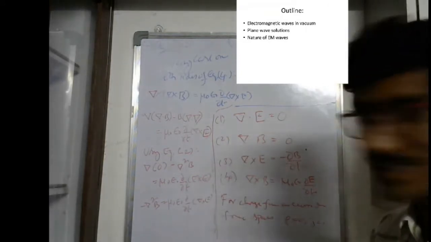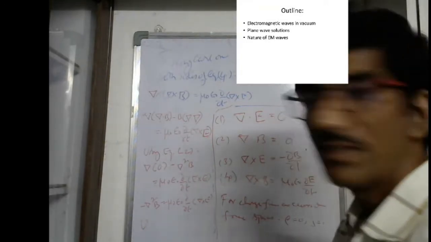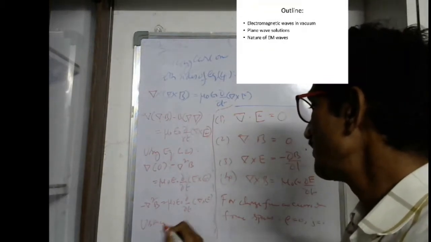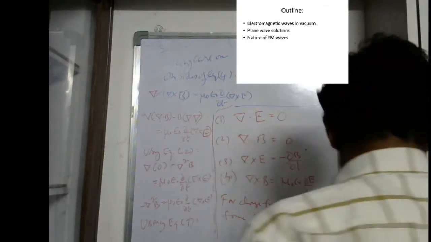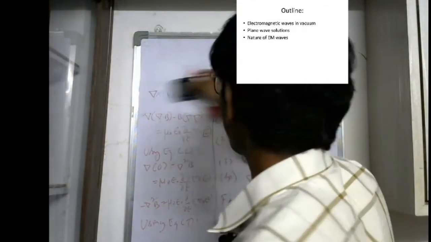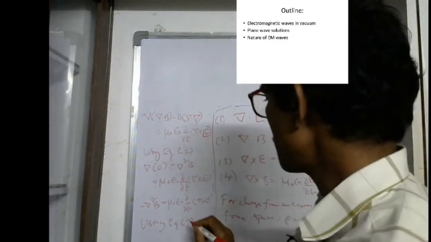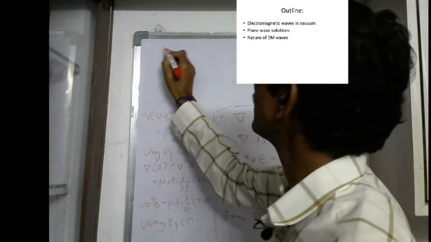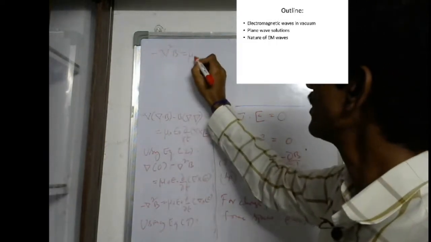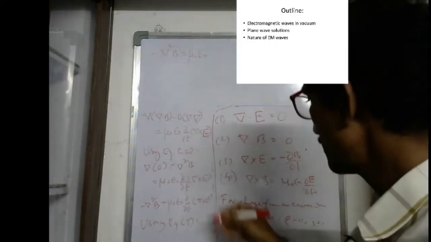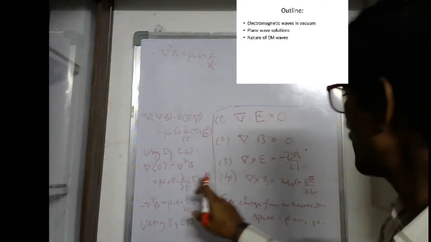But you know del cross E from the other Maxwell's equation, the third one. So now I am using the third Maxwell's equation, equation number 3. On this side you have minus del square B equal to mu naught epsilon naught dou by dou t of, what is del cross E?